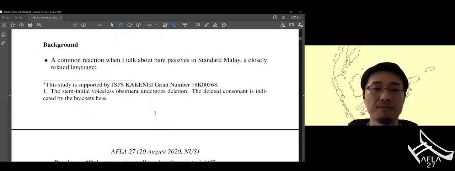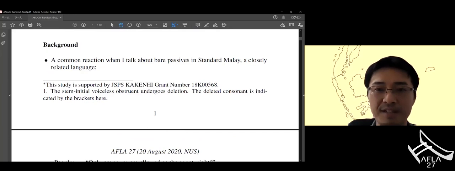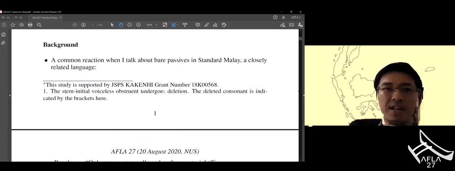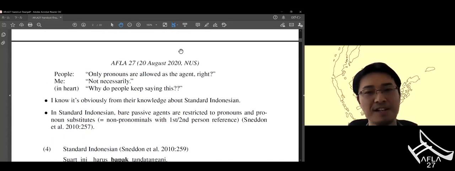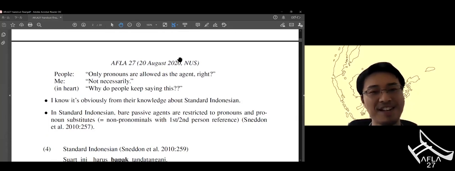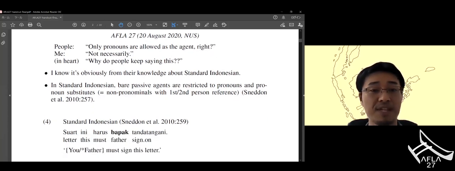When I talk about bare passives in standard Malay, people often say something like only pronouns are allowed as the agent. And in my heart, I say, why do people always keep saying this? But I know that it's obviously from their knowledge about standard Indonesian, from what they have read in the literature.